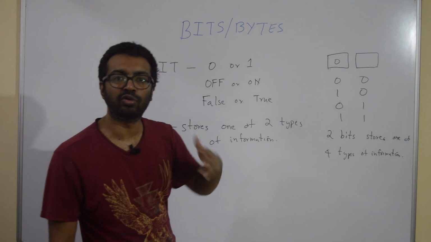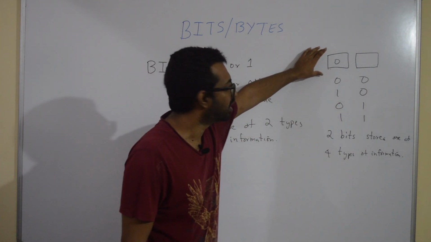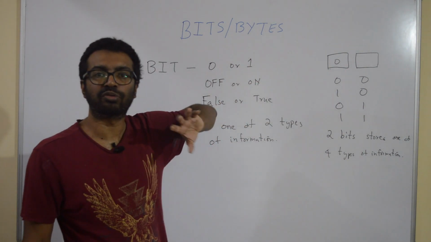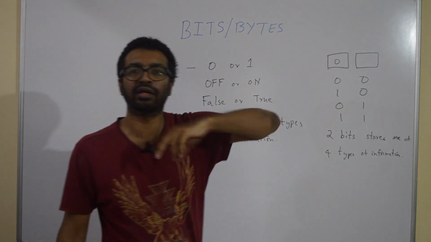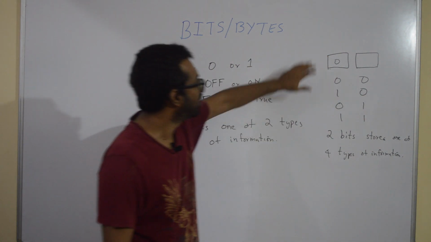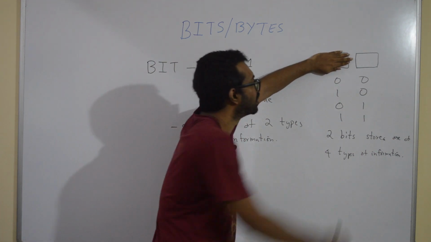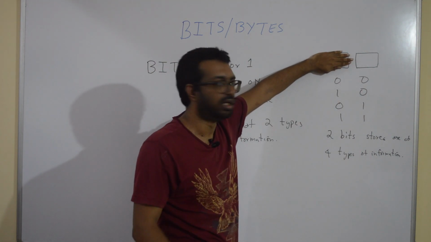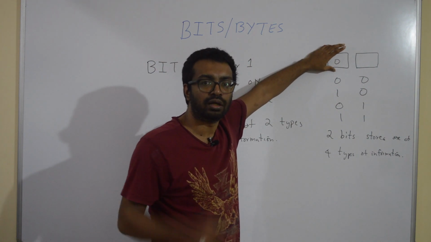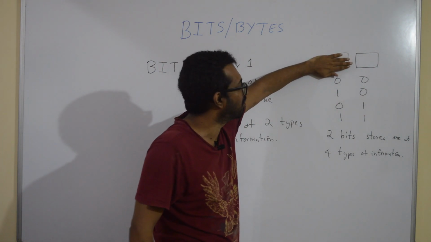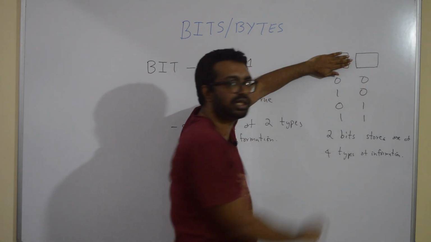Why is it that you are able to do four? Because its capacity to store information doubles each time you add one more bit. Let's just hide this part. Without this, there were two possibilities, 0 or 1. Now when I add this, there are four possibilities, because consider any one possibility here.